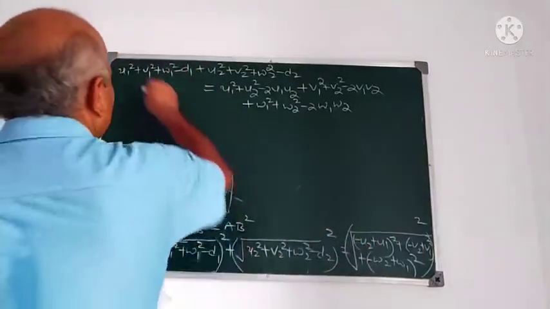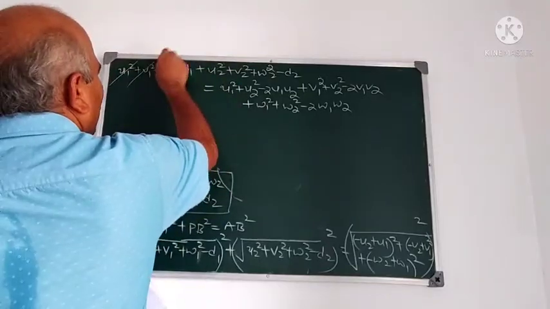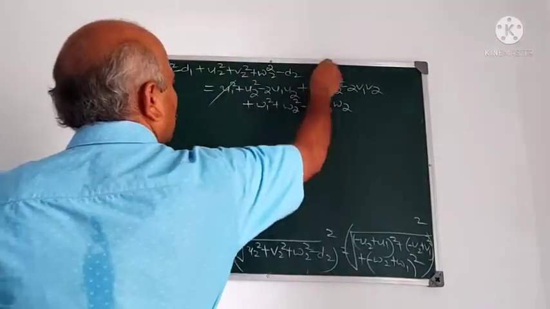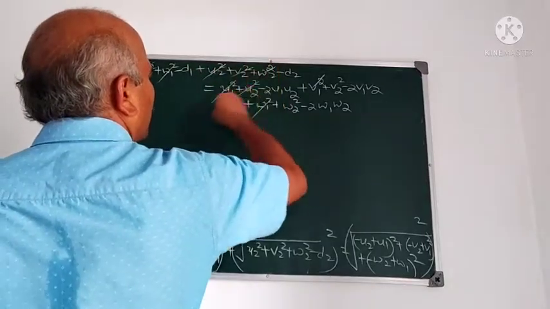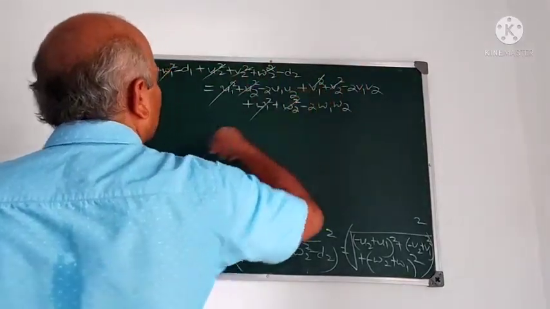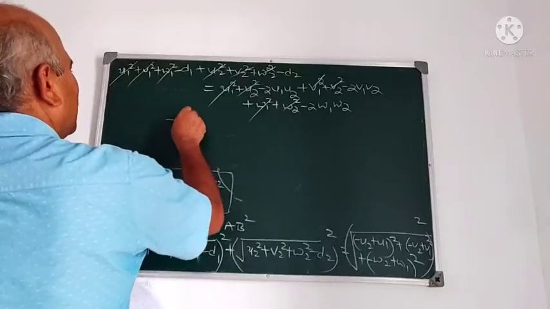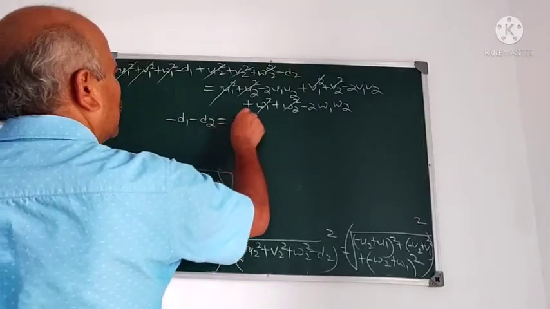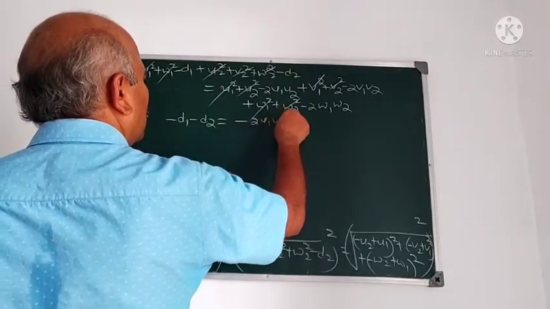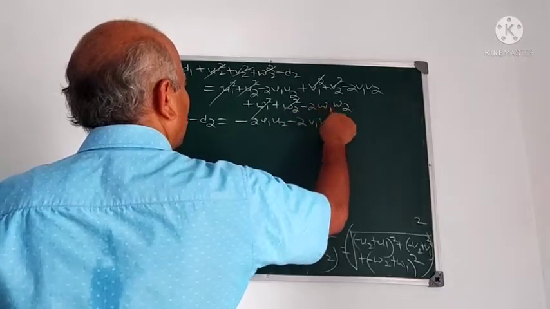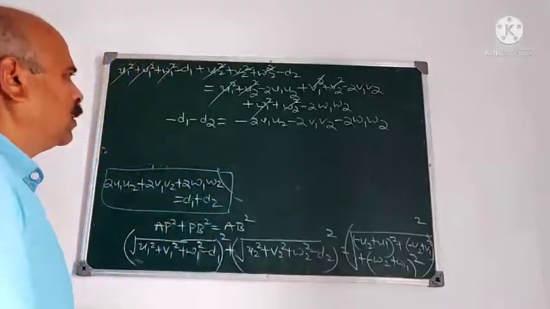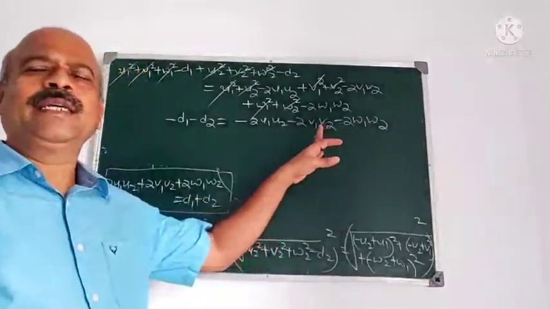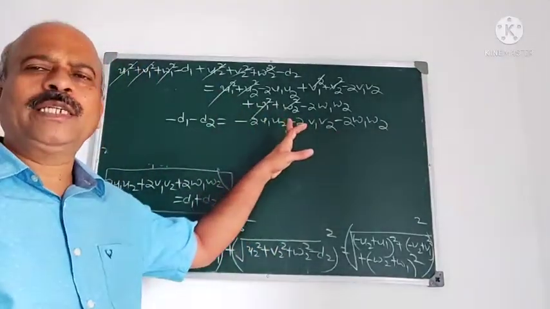Simplifying, we get u1 square, v1 square, w1 square, u1 square, v1 square, w1 square, u2 square, v2 square, w2 square cancels. So we get minus d1 minus d2 is minus 2u1u2 minus 2v1v2 minus 2w1w2, or all minus signs are there, multiplied by minus 1 on both sides.